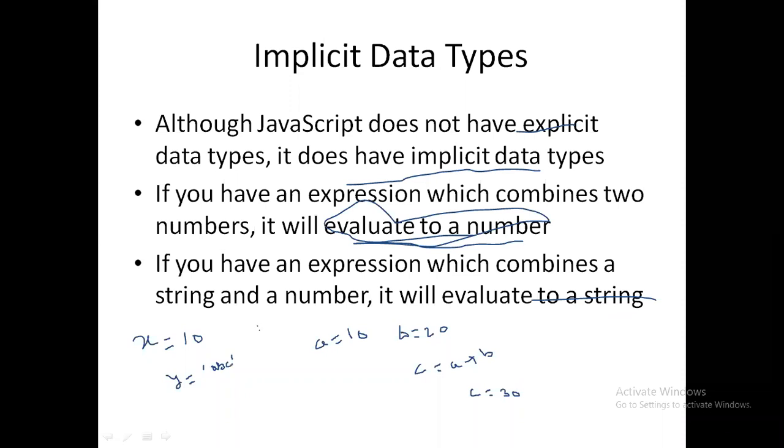Then when I say z is equal to x plus y, I'm combining both variables. So when I say x plus y, my result is 10 ABC. This is what he wants to say. So this is about implicit data.